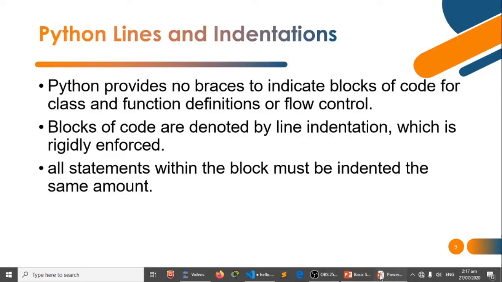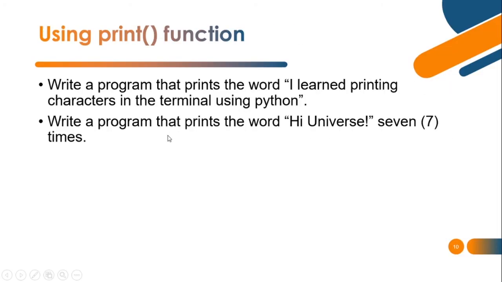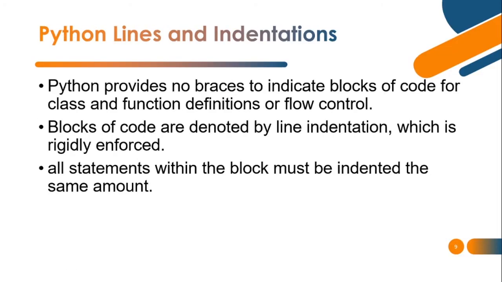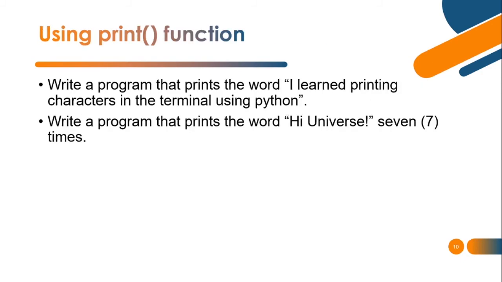So, let's go back to... So, we're done with Python lines and indentations. So, let's try to exercise our knowledge about the print function. So we were tasked to write a program that prints the word I learned printing characters in the terminal using Python.